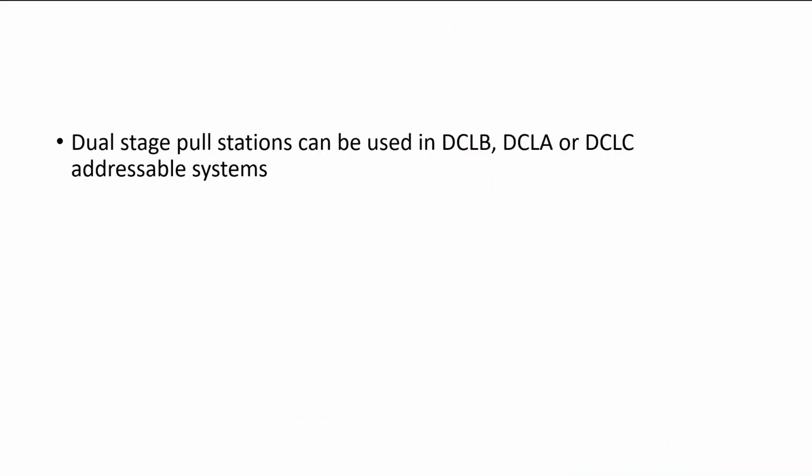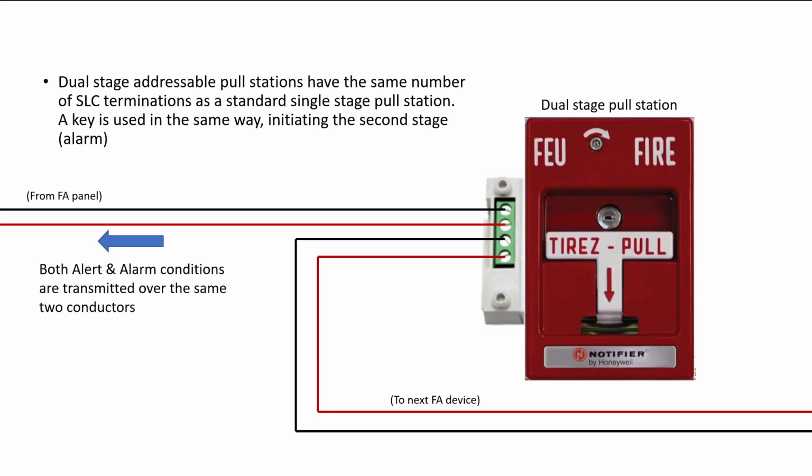Dual-stage pull stations can be used in DCLB, DCLA, or DCLC addressable systems. The dual-stage addressable pull stations have the same number of SLC terminations as a standard single-stage pull station. A key is used in the same way to initiate the second stage as what's seen in the conventional system.